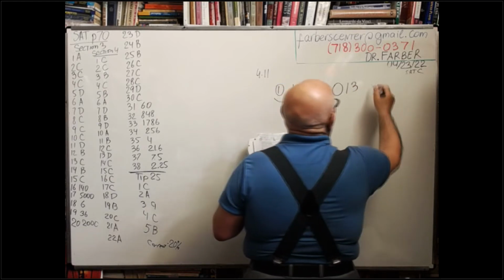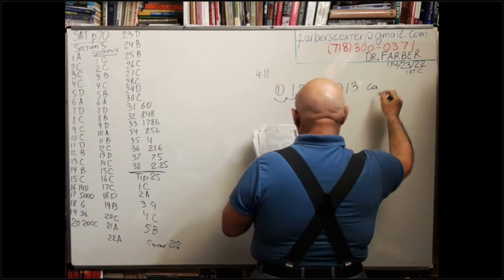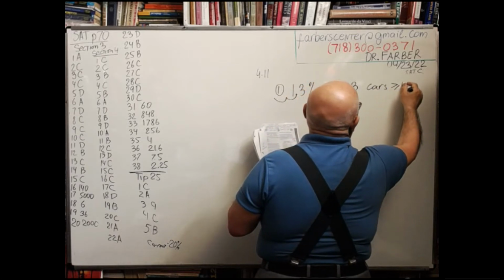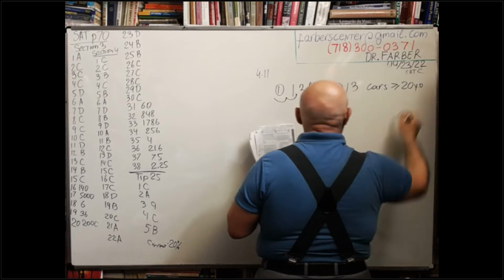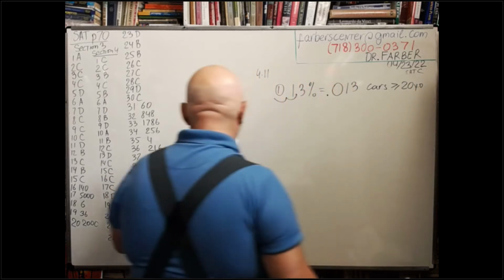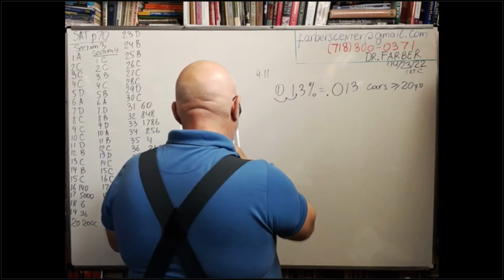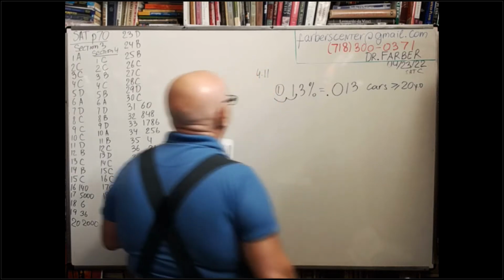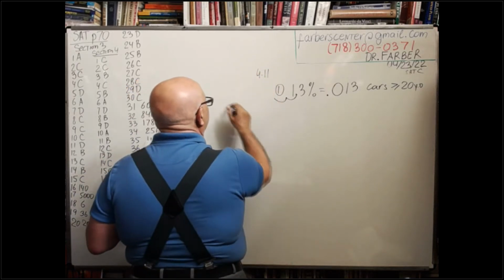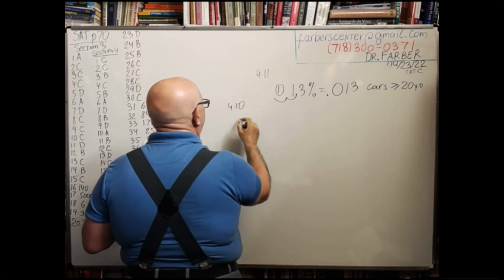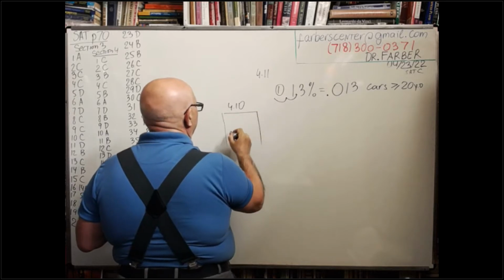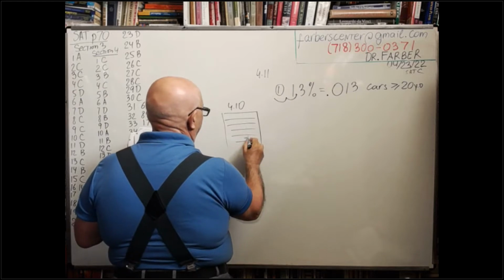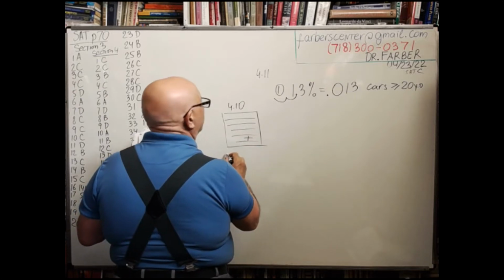And these cars, which are greater than or equal to 20 years old, all cars, this percentage. But to find the value, you have to, as in 410, add them up in the table. You have a table, and you have different cars, and you add them up, and you get the total. This is step number 2.